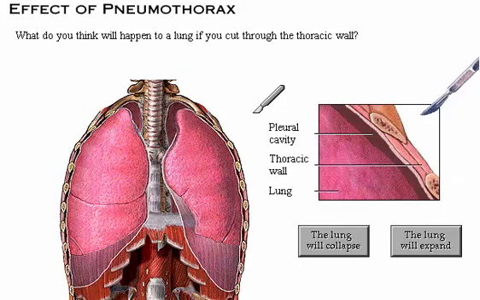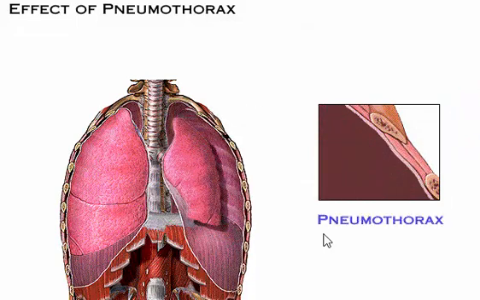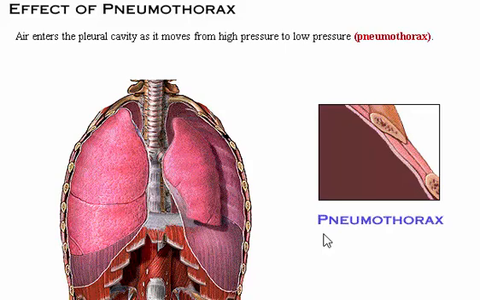What do you think will happen to a lung if you cut through the thoracic wall into its pleural cavity? Air enters the pleural cavity as it moves from high pressure to low pressure.